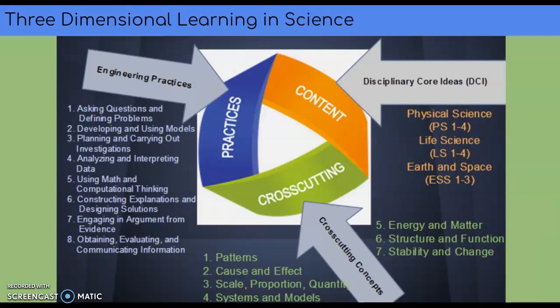So just as was the point with the 8 different practices, such is the case for disciplinary core ideas and cross-cutting concepts, and these are the same from kindergarten through 12th grade.